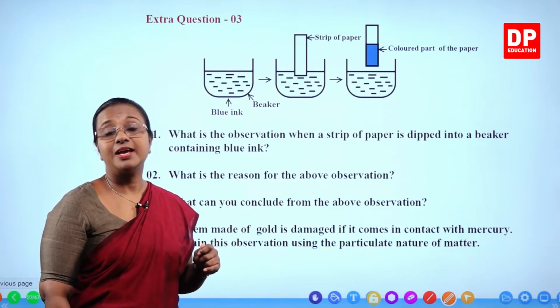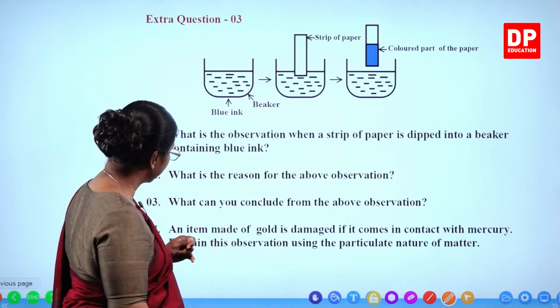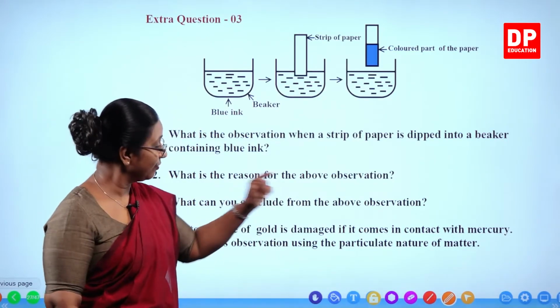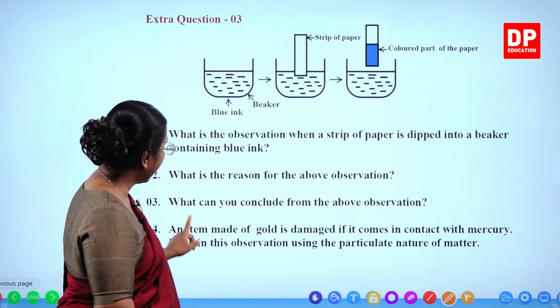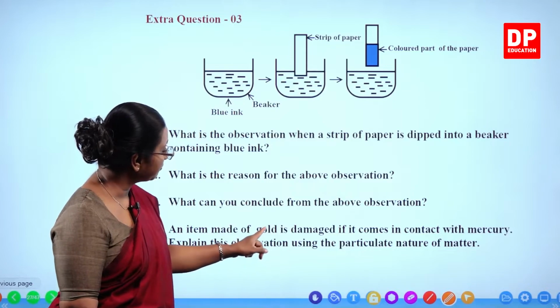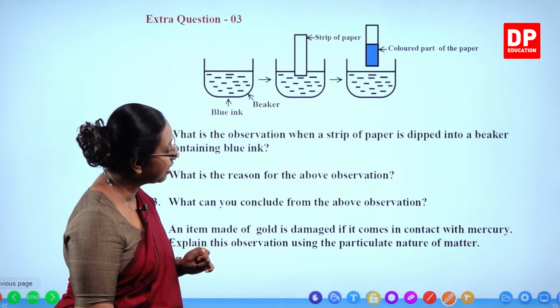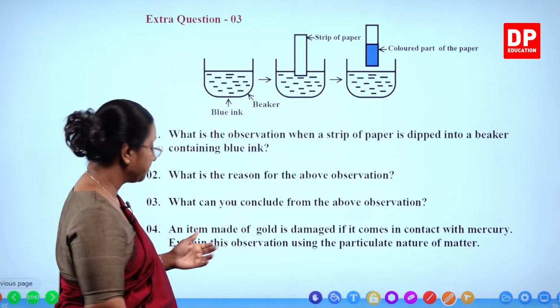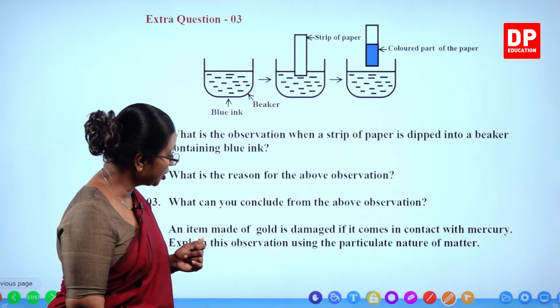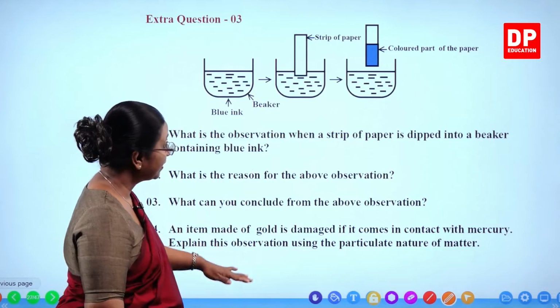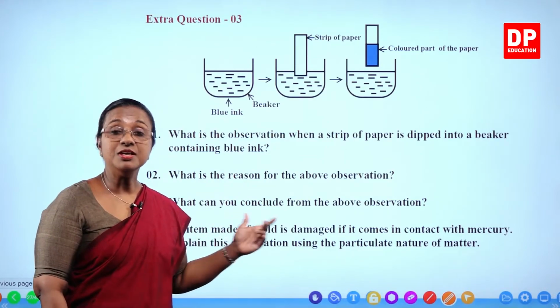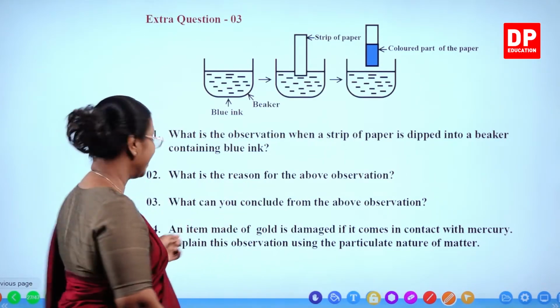That also I explained, the particulate nature. Then what can you conclude from the above observation? And the fourth one: an item made up of gold is damaged if it comes in contact with mercury. Explain this observation using the particulate nature of matter. Those are the questions related to this diagram. We will answer them one by one.